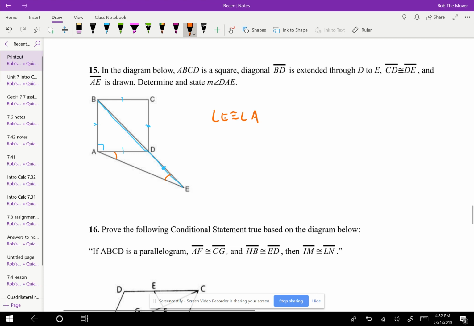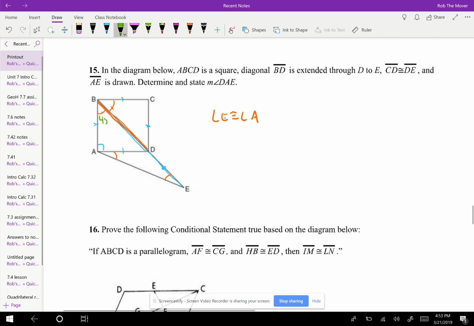But that little angle E is also in this big triangle, which we can figure out something about because we have the diagonal cutting through here, and we know the diagonal of a square, like the diagonal of a rhombus, bisects the angles. So each of these little triangles is 45, 45.